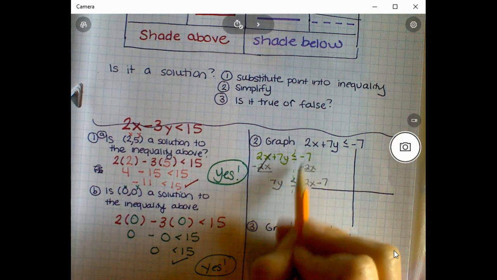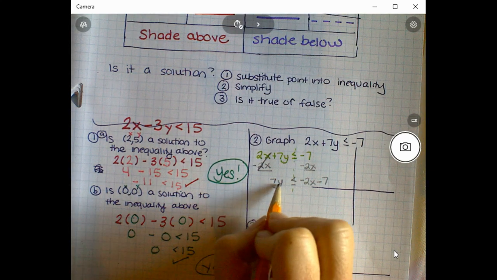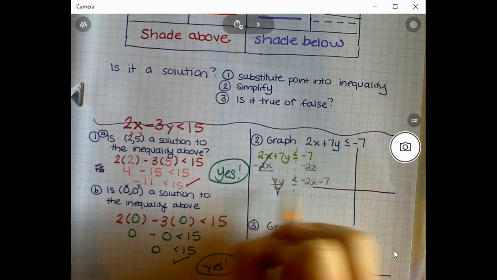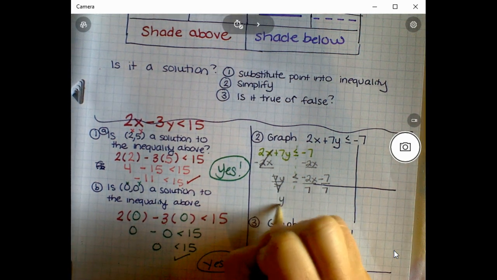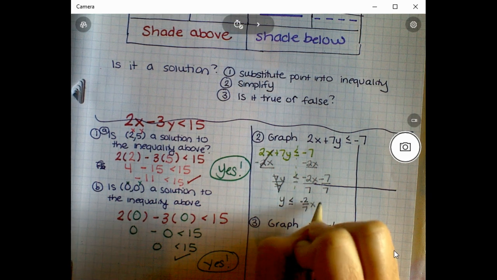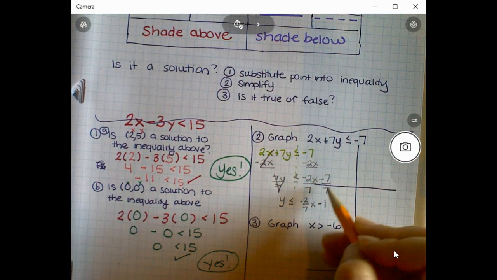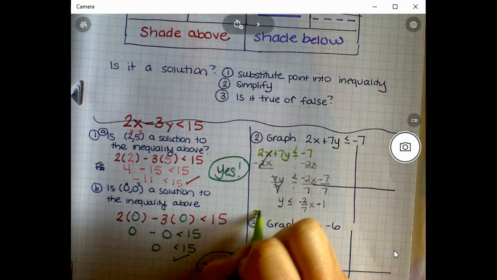Remember, we cannot combine these because they're not like terms. All right, we have 7 times y, so we need to divide everything by 7. So y is less than or equal to negative 2 over 7x minus 1, because negative 7 divided by 7 is negative 1. All right, what's the slope?